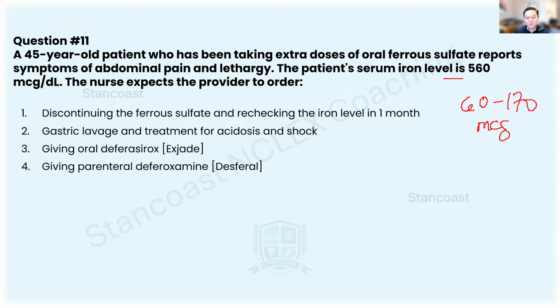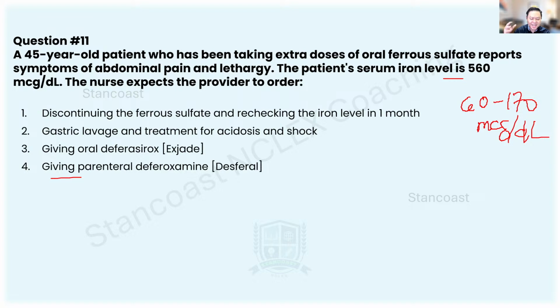That is the normal range. So our patient's value is skyrocketing. 560. So the correct answer here, guys, is number 4. That is to give parenteral deferoxamine, Desferal.